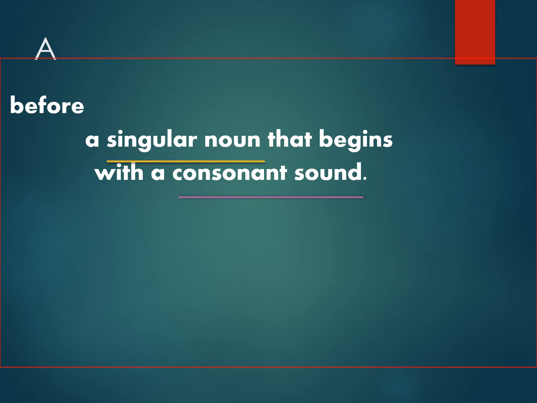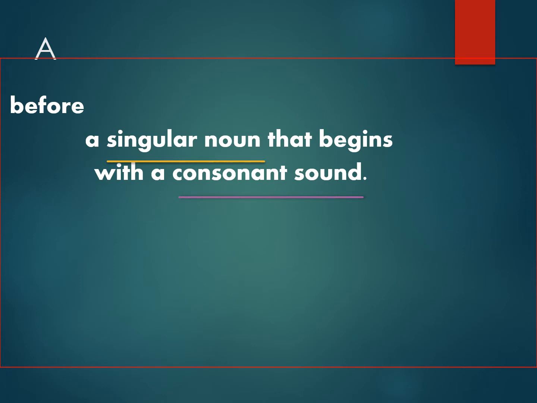Students, do you remember what are consonants? Consonants are B, C, D, F, G, H, J, K, L, M, N, P, Q, R, S, T, V, W, X, Y, Z. These 21 are consonants.